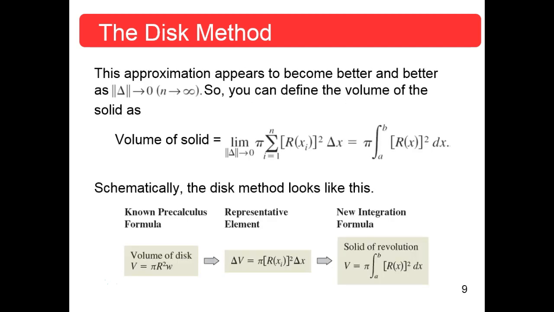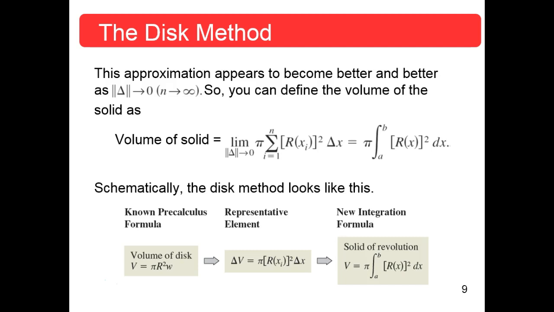Well, that approximation gets better and better as the norm approaches 0. The delta is a symbol that stands for the maximum width of any of those slices, and there's a name for it, the norm. In other words, your n, the number of increments, is approaching infinity.